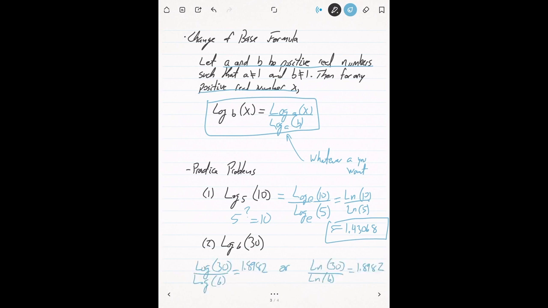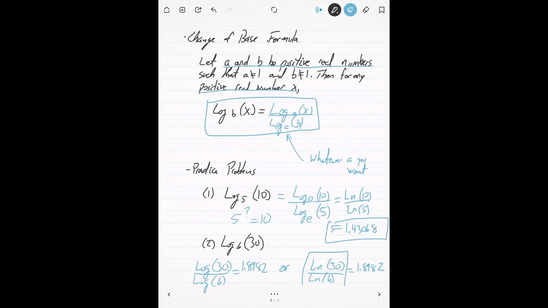All right, well, hopefully you were able to get the same answer as me. I tried it 2 different ways. I first did this where I had the log of base 10, which is already programmed into my calculator in most calculators. And I did log base 10 of 30 divided by log base 10 of 6, and I got roughly 1.8982. I rounded it off to the 4th decimal place. I also tried it with log base e, so I used the natural logarithm button.